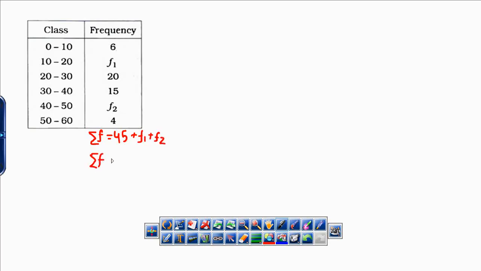उनका दिया हुआ सिग्मा f is 60. तो our sigma f is equal to their sigma f. Therefore f1 plus f2 is 15.